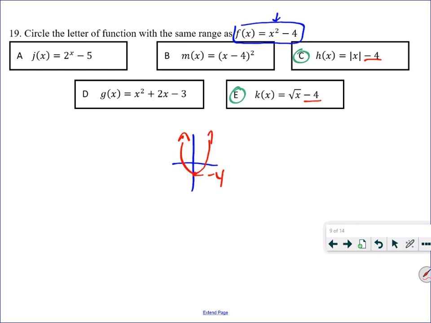And this function have the same starting point and have also been shifted down 4. This one has been shifted to the right, and this one has been shifted down 5. Now, if you graph this function right here, what you will find is it looks similar to the parent function, but it has been shifted.